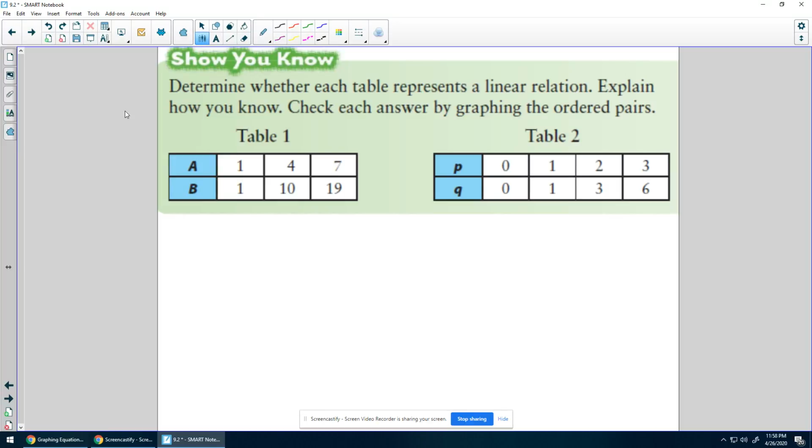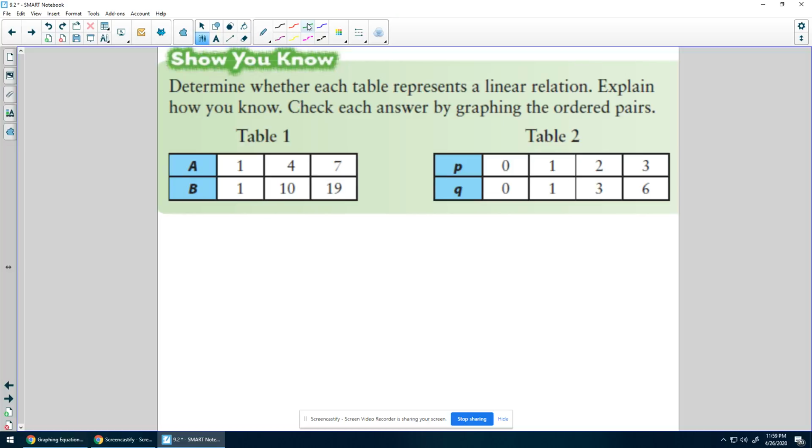But just looking at these tables, can we see a pattern? And if there is a pattern, is there a linear relation? So pause the video, see if you can determine if each table represents a linear relation, and write the linear relation down.